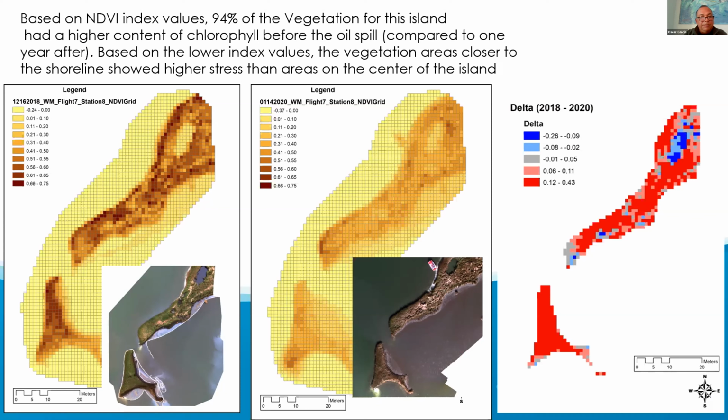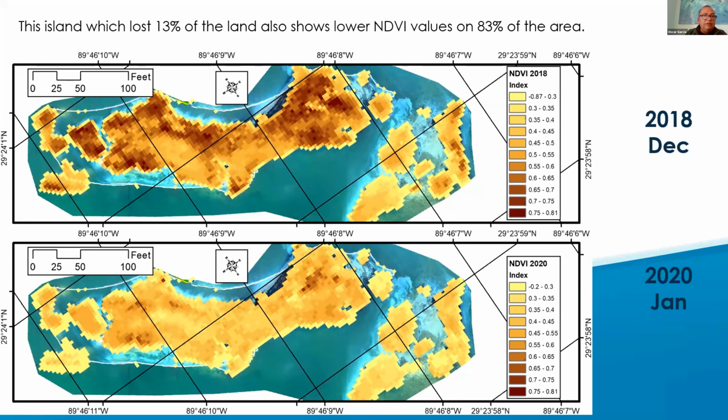But the vast majority of the vegetation on this island shows lower NDVI values. This island, which lost 13% of the land, also shows lower NDVI values on 83% of the area.